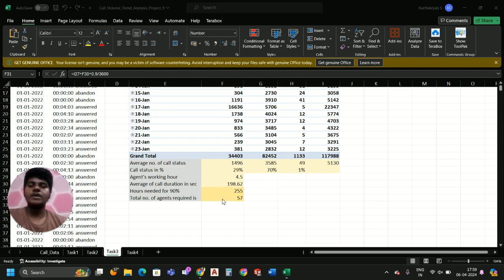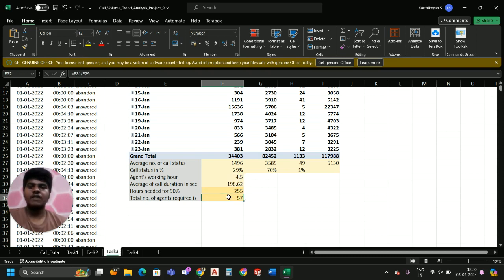Then we need to know how many agents are required to meet this 90%, that is 255 hours. So I have just divided the hours needed for 90%, that is 255, by the actual hours each agent works per day, that is 4.5.